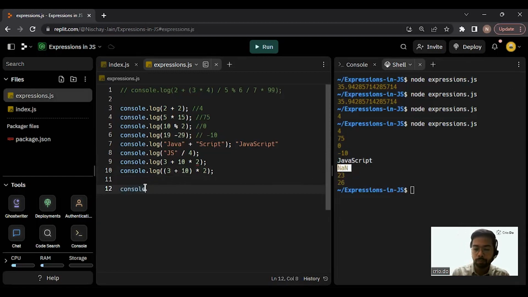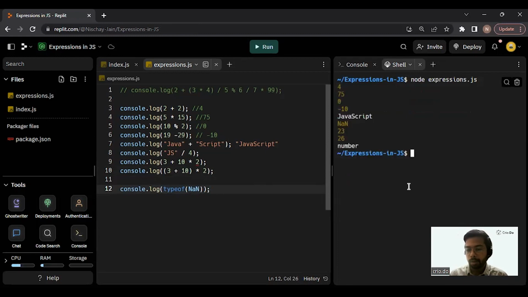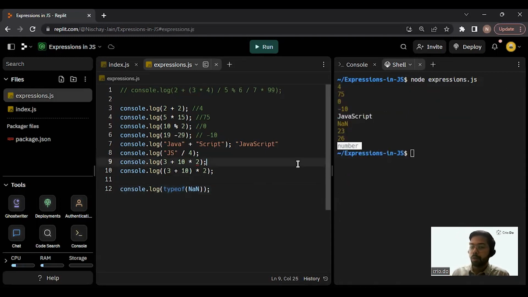Let us also try to print that. Console.log of typeof NaN. Let us print the answer. And interestingly, this is going to be a number. Well, the full form says not a number, but the typeof says it's a number. So that is the reason when I gave you the definition of NaN, I clearly stated that NaN is a special number available in JavaScript, which is used to denote all the invalid mathematical operations in JavaScript.